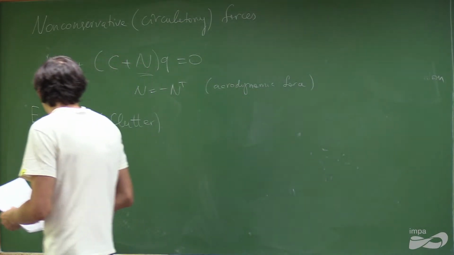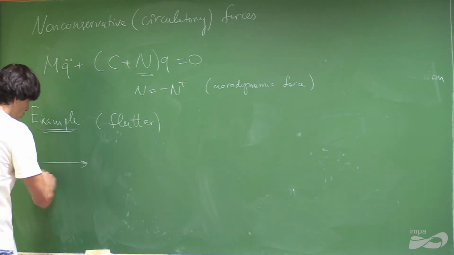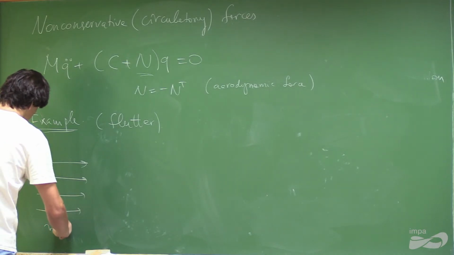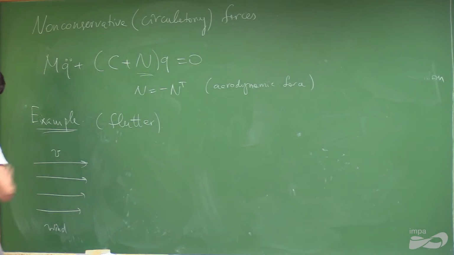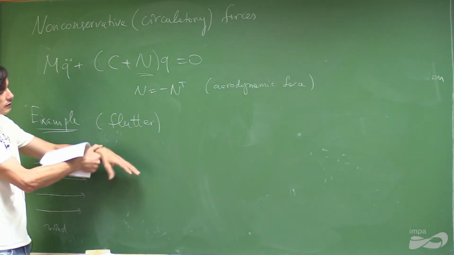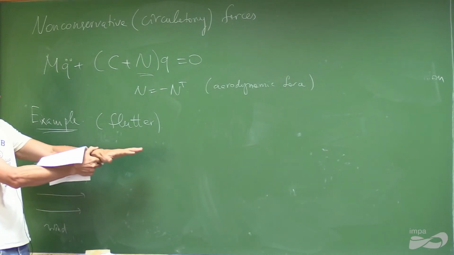Let's try to make a model which we can solve by hand. So consider the wind. This will be our wind, of velocity v. And it is blowing on a leaf. So we have a leaf, and it's supported. If there is no wind, it's just straight.